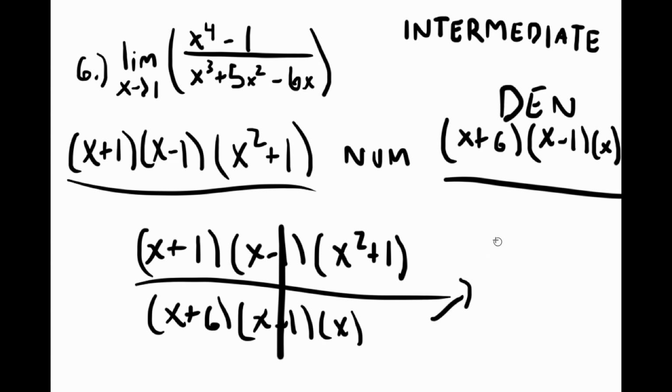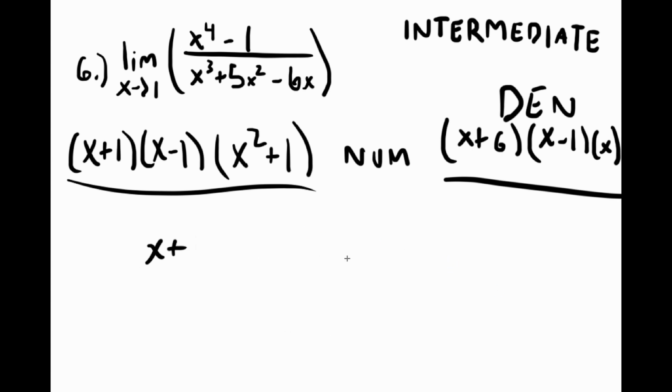So it's just going to be 1 plus 1, which is 2, and plug in 1 squared for x squared, which is 1 plus 1, which is 2. 2 times 2 is equal to 4. And then we're going to have 1 times 6, which is 6, obviously. And this should be equal to 2 over 3, I believe.